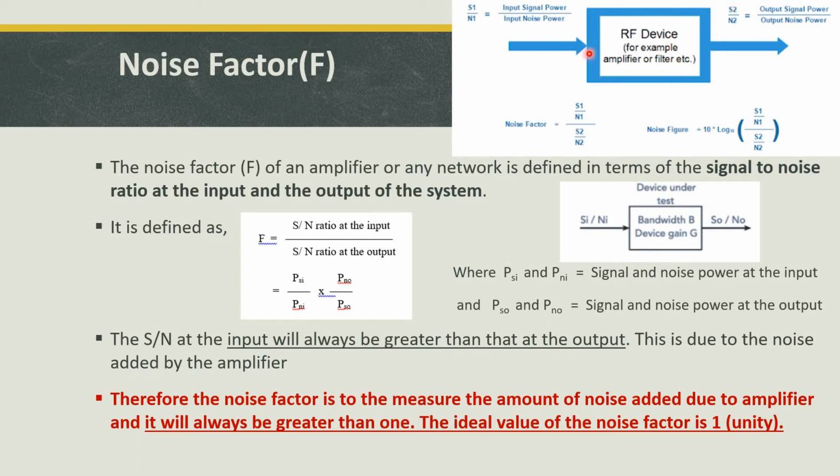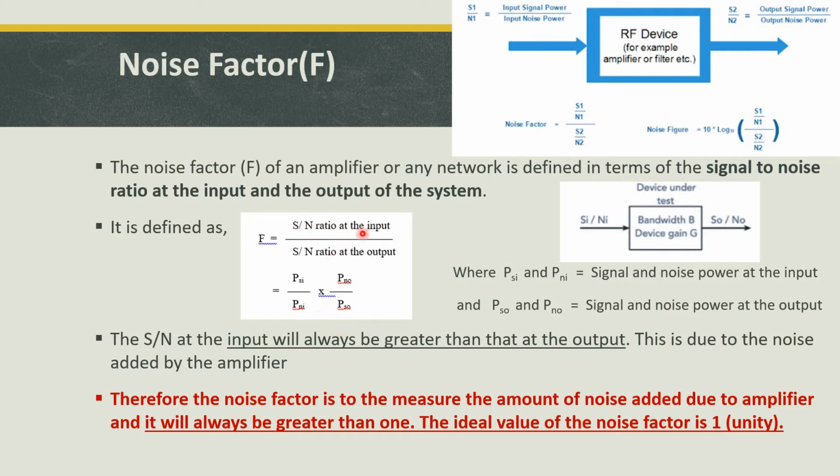We apply the signal to the amplifier, then we get the output. What is the noise contributed by this amplifier? That will be calculated by using noise factor. The noise factor is equal to the signal to noise ratio at the input divided by that at the output. The input side signal to noise ratio and the output side signal to noise ratio give the noise factor.